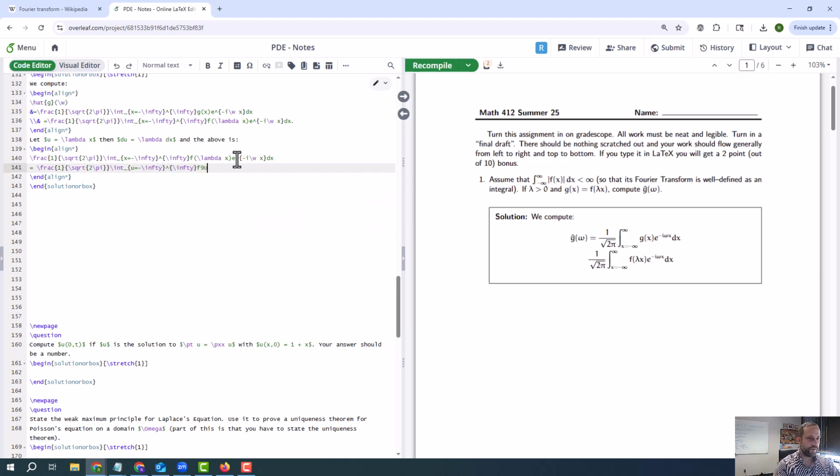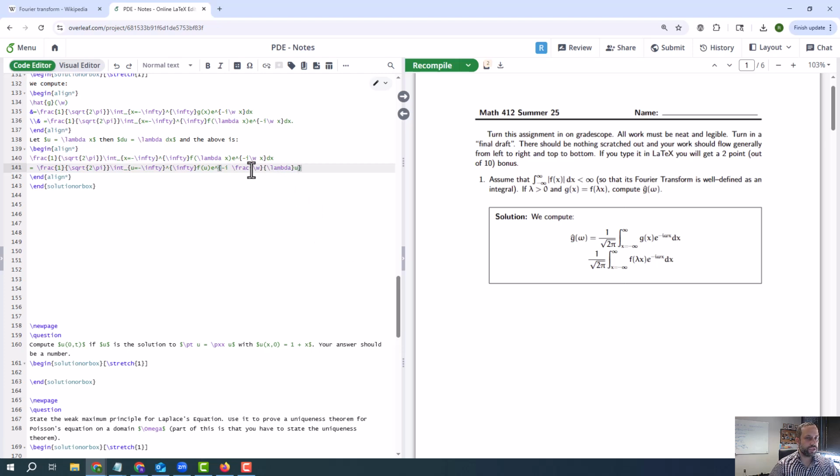And then f of u, but notice what we're going to have in the exponent here. If u is equal to lambda x, then x is equal to u over lambda. So the exponent is minus i omega u over lambda.